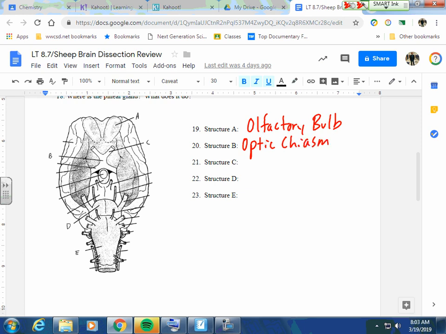C is going to be the optic nerve coming into the optic chiasm. D is going to be the pons. And E is going to be the medulla oblongata. All right. Make sure you check those real quick. Everybody good with that?